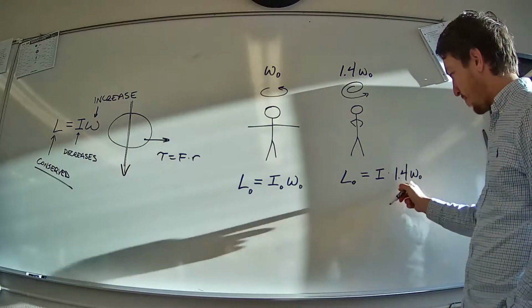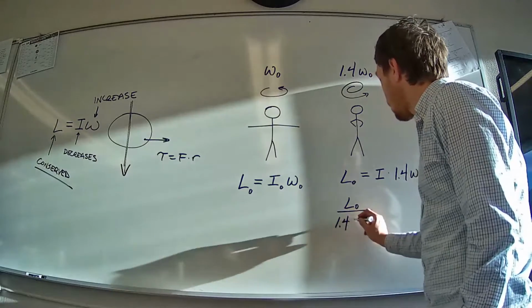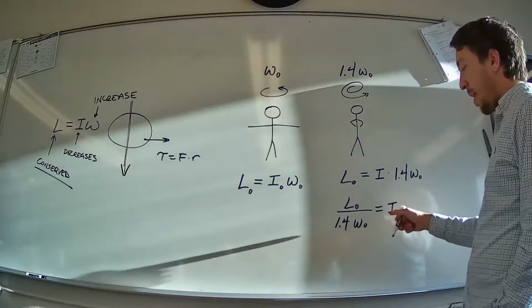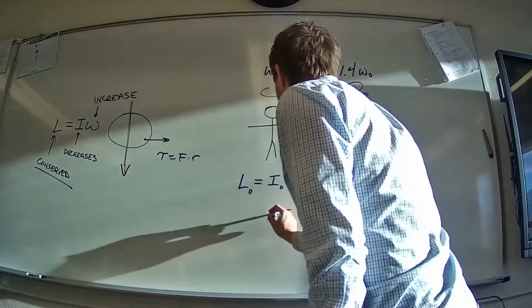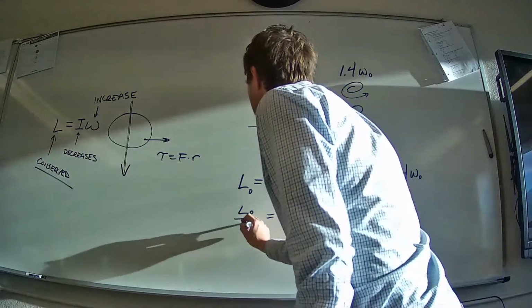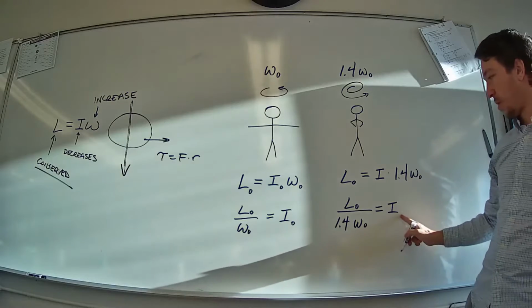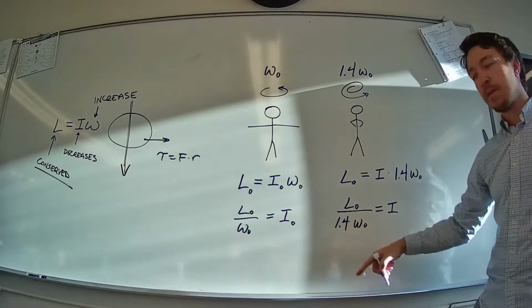So when you solve here, tell me if this makes sense. How does that compare to what I had before? Well, my new I value looks a lot like my old I value, but it's divided by 1.4. Okay?